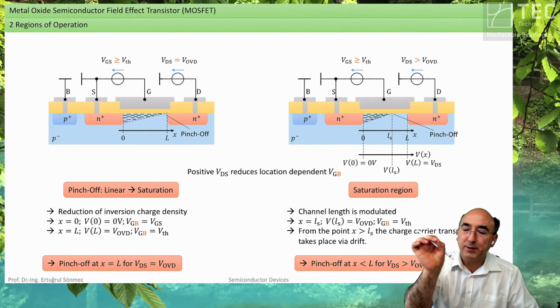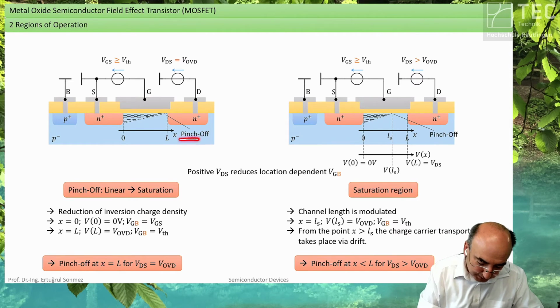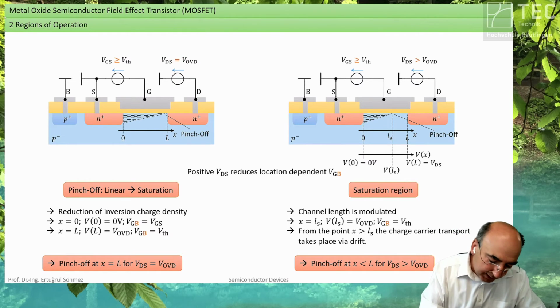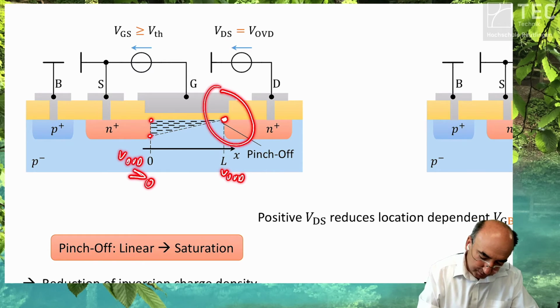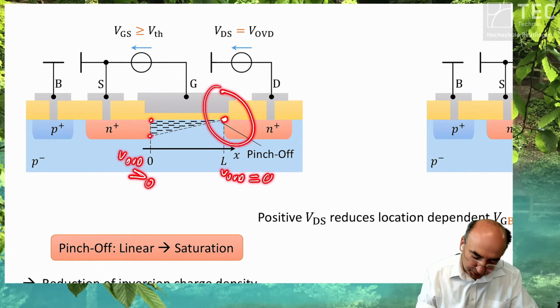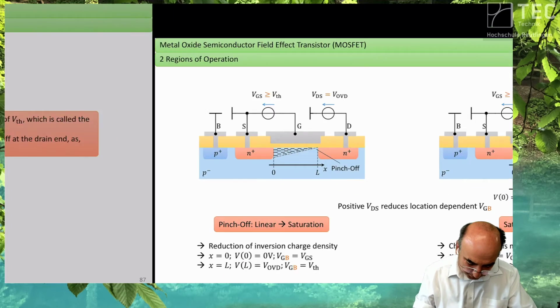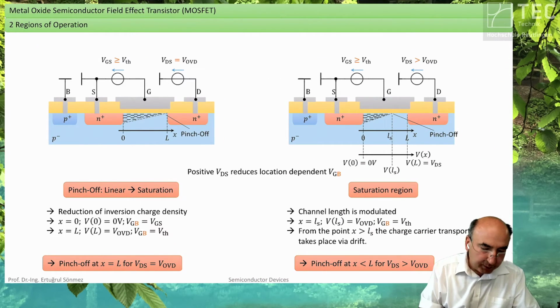This point in the voltage diagram is this point where the drain source voltage is equal to the overdrive and the gate source voltage is larger than the threshold one. So at this area, we have our V overdrive, which is larger than 0. And at this point, the V overdrive, so for this MOS, is exactly 0. This is the area where you leave the linear region and enter the saturation region.